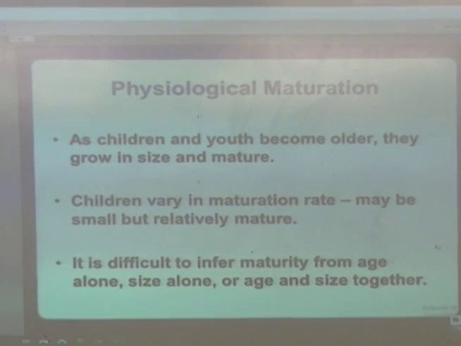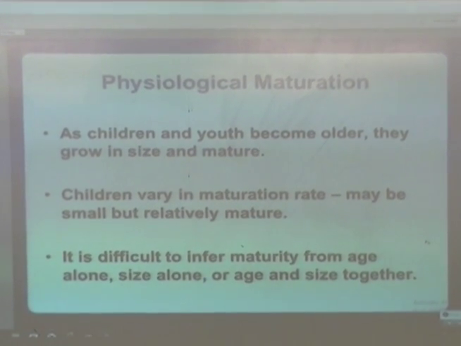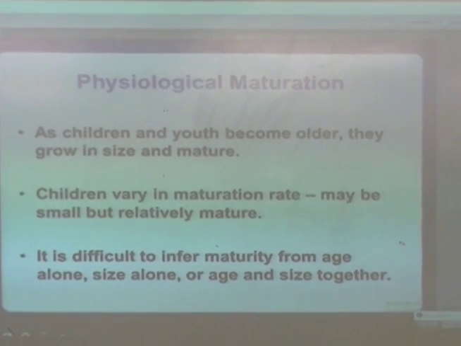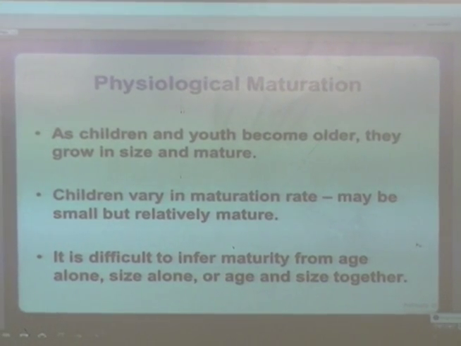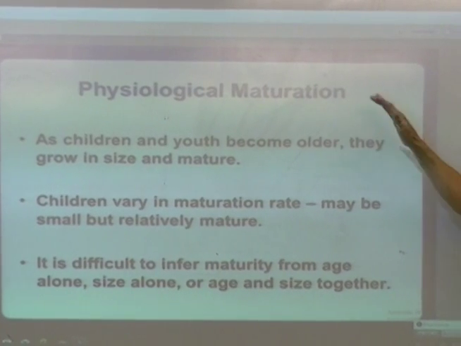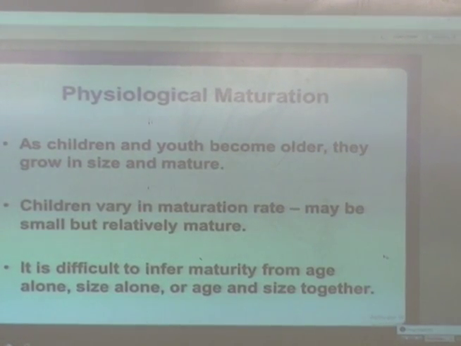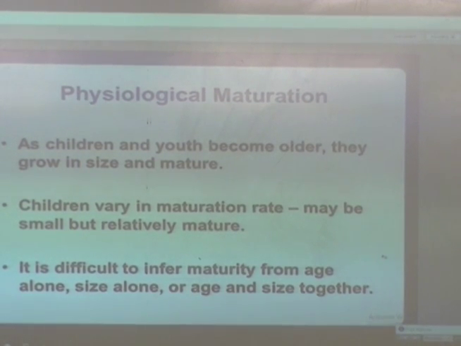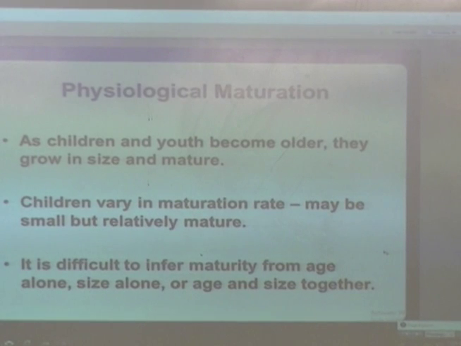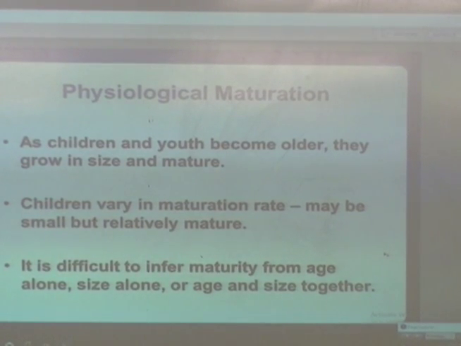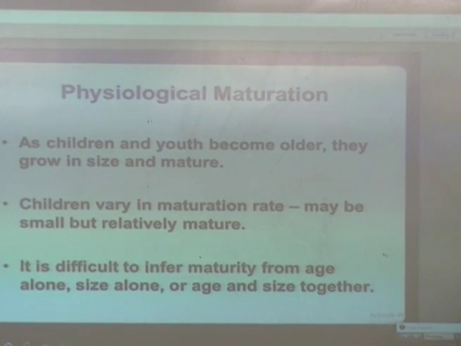So you can't assume, particularly if you're going to work with this age group, that the tallest person in the class is also the most physiologically mature, because that might not be the case. Age alone doesn't tell me who's the most mature in the class. Size doesn't tell me who's the most physiologically mature.